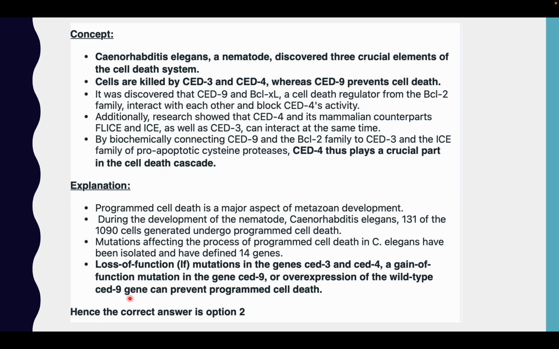Suppose lysine to asparagine point mutation of CED9 can cause programmed cell death, and if we overexpress that point mutation of the CED9 gene, it can prevent cell death, right? So it is saying overexpression of the wild type CED9 gene, no mutation, normal CED9 gene.